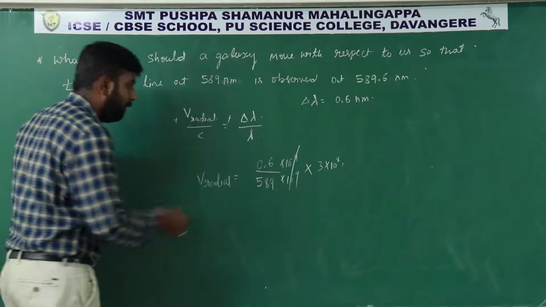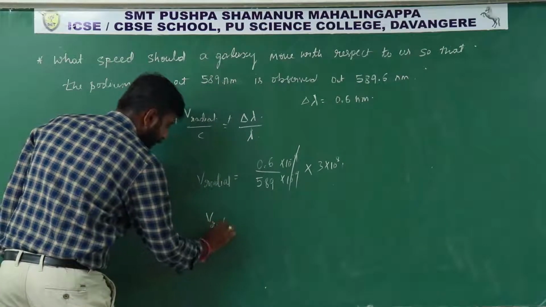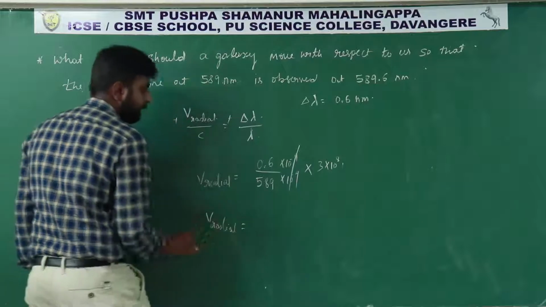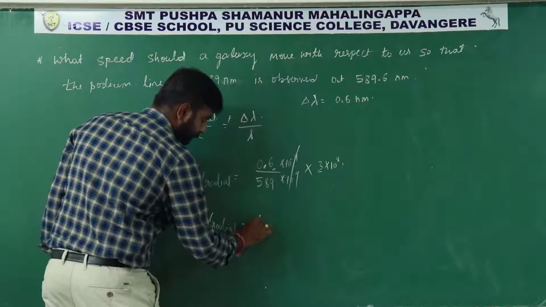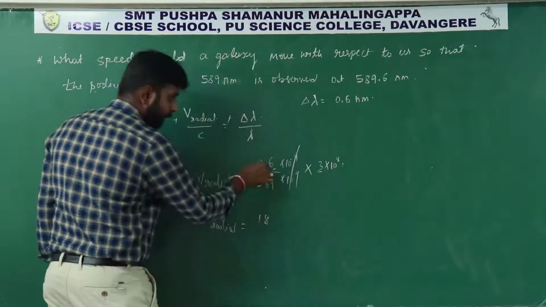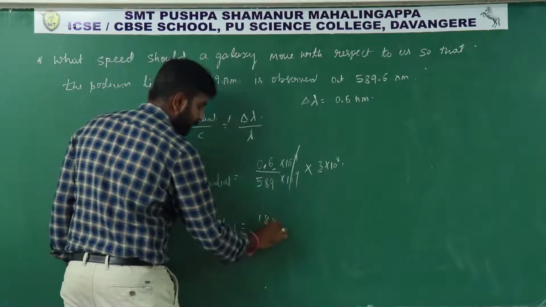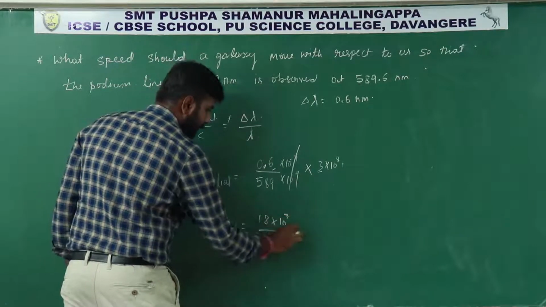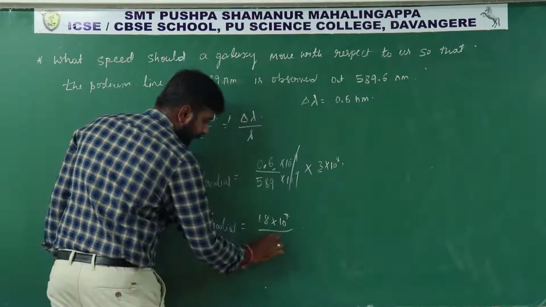So calculate this answer, that is V radial. You will get 3 into 6, I can write, if I shift one digit, then I can write 18 into 10 to the power 7 divided by 589.